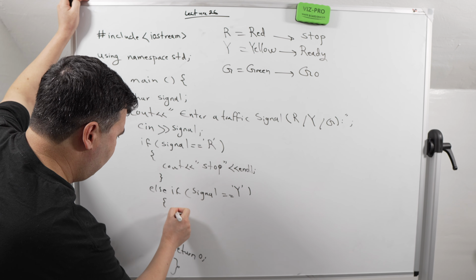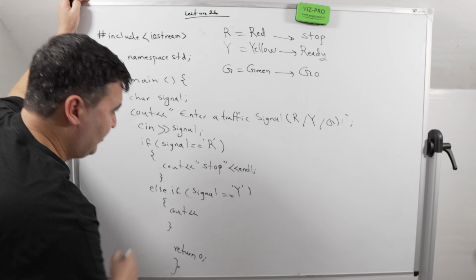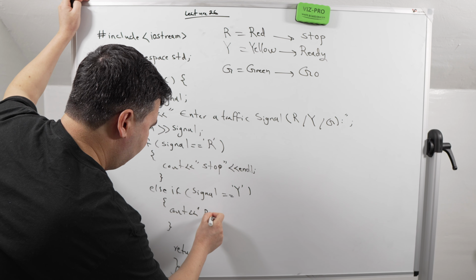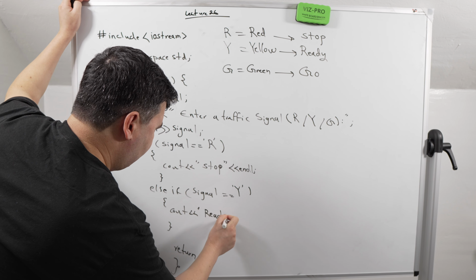So cout here, we say ready, then endl. I write part of the program here because we don't have space.